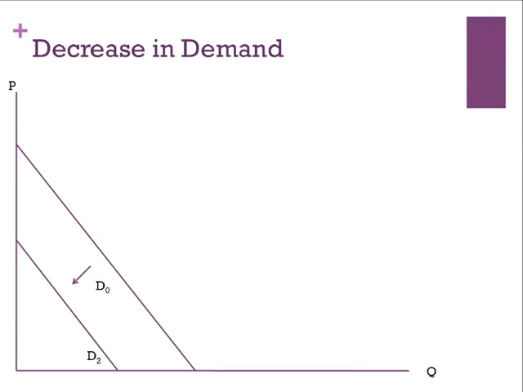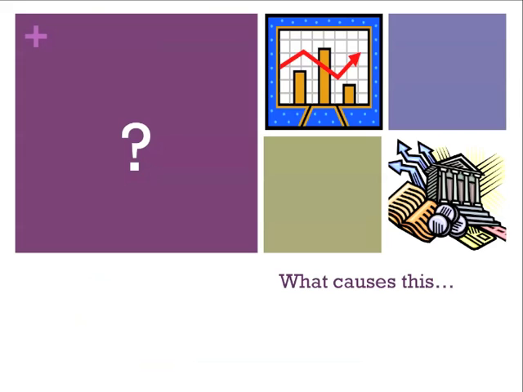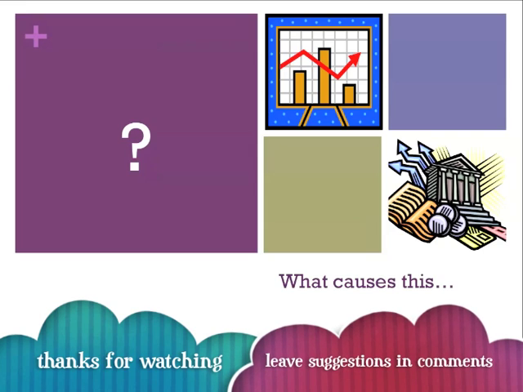If a complement good for bacon is eggs, and the price of eggs goes up, you will buy less bacon because they're complements. Since eggs have become more expensive, you're going to buy less bacon because your income is fixed. So that is a quick overview of what causes an increase and a decrease in demand.